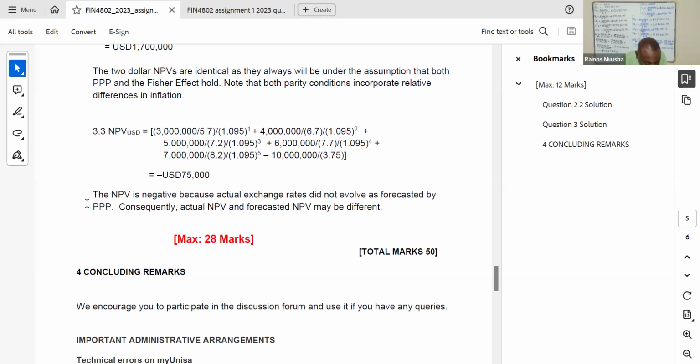And then they say the net present value is negative because actual exchange rates did not evolve as forecasted by the purchasing power parity. So consequently, actual net present value and forecast net present value may be different. Are we on the same page? Any questions on what we covered when we're reviewing assignment 1? Any questions?